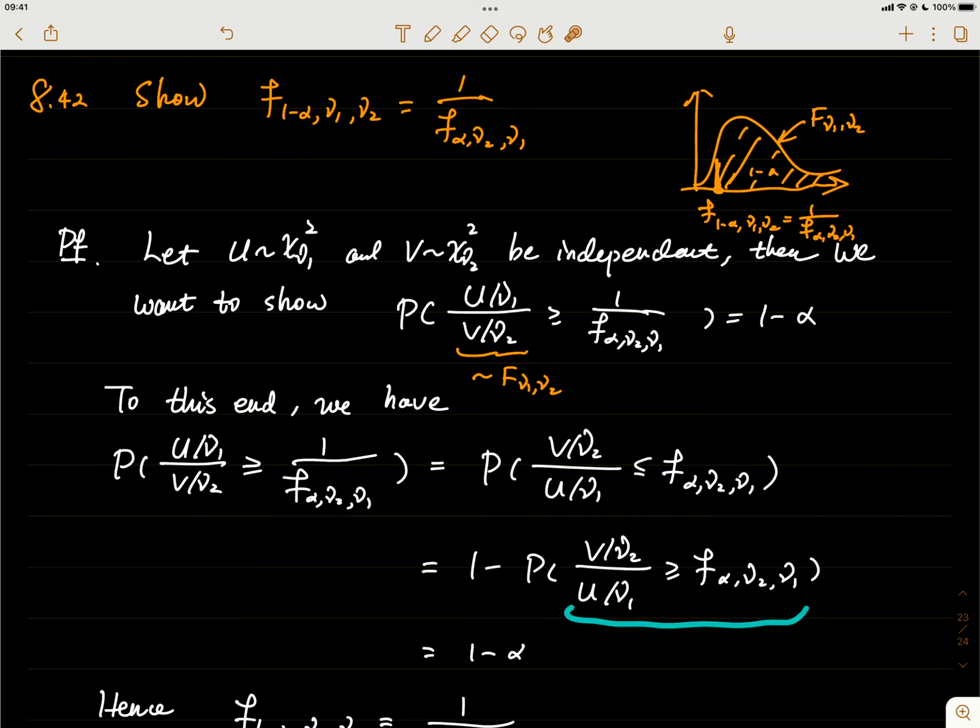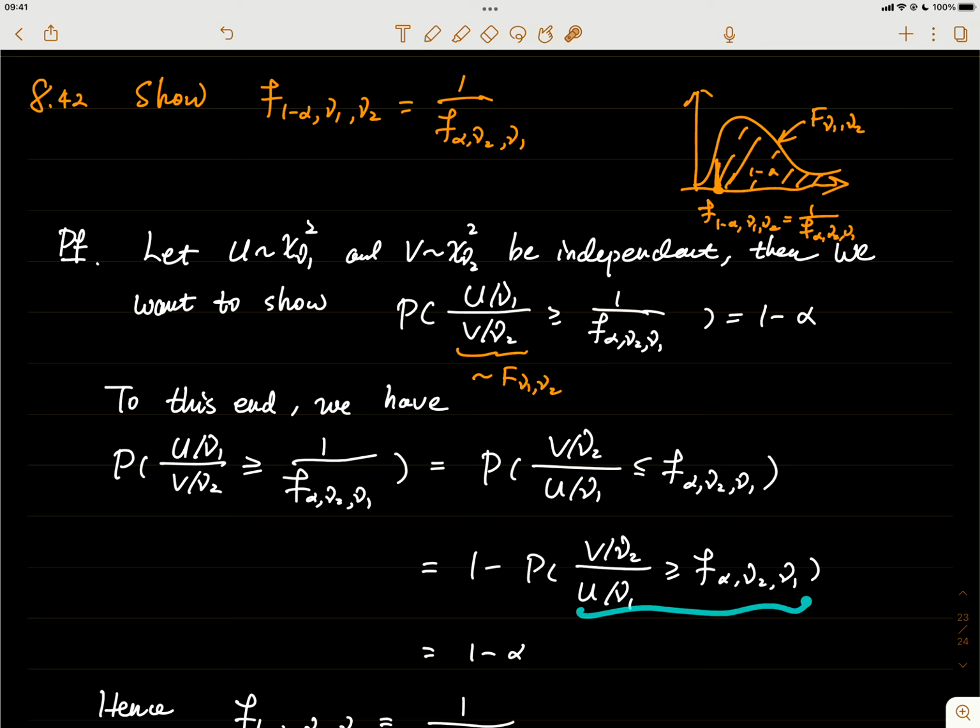And from here you can see this F follows the F distribution with nu2, nu1 as the degrees of freedom, because U and V are chi-square random variables. So for the probability of this being greater than that, remember this is a perfect matching: nu2 and nu1 are the degrees of freedom of the numerator and denominator.